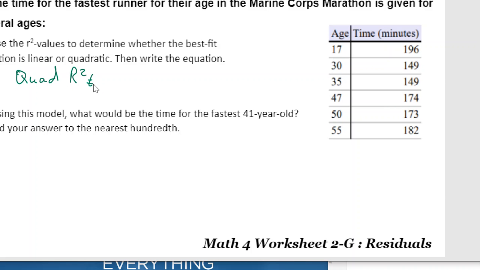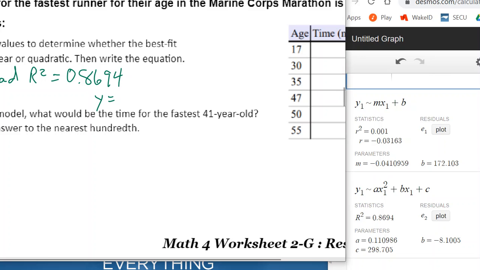R-squared equals 0.8694. And the equation would be down there in the corner. No, that's the upper one.